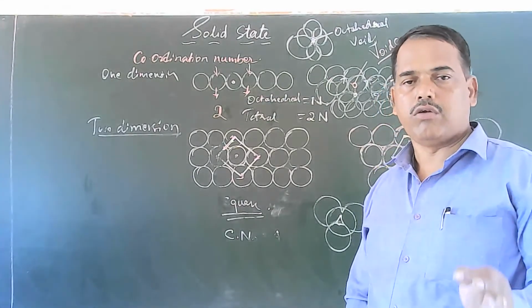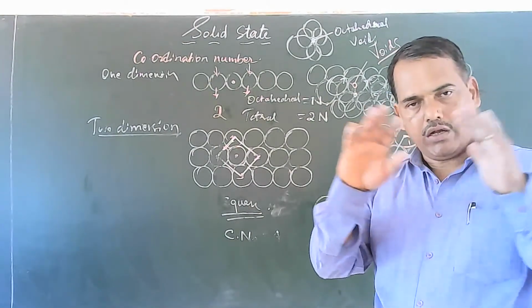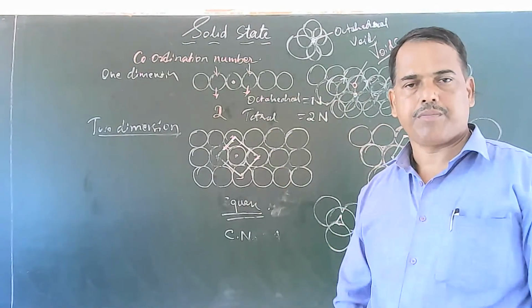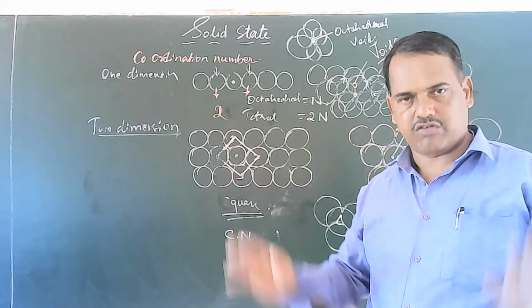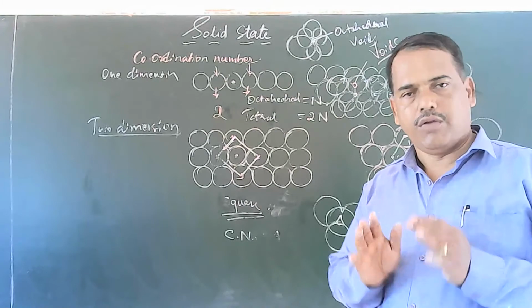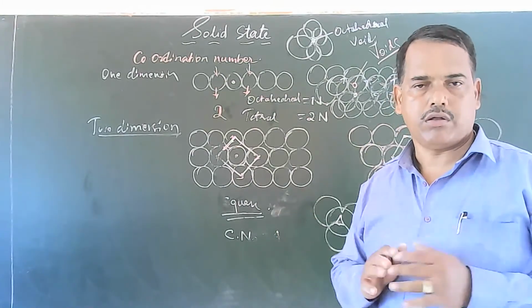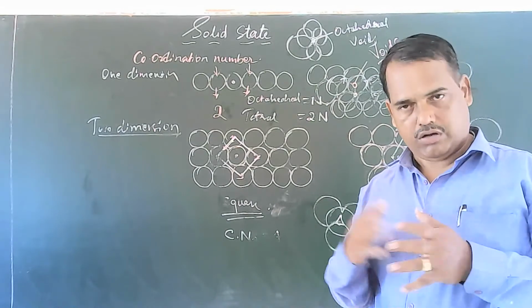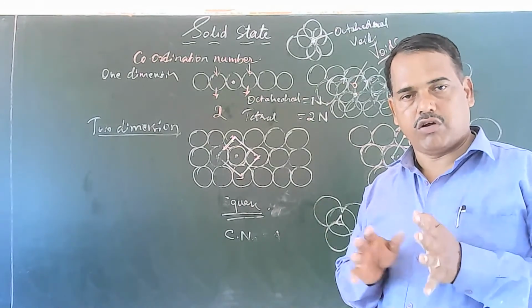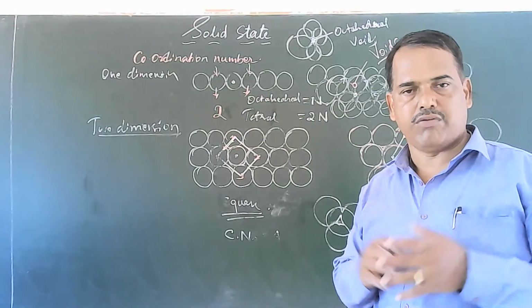Repeatedly, I have told you, you can easily understand. In the entire solid state topic, this concept, if you understand it by the diagram, then only you can remember. All the students, our experience is, are telling that the arrangement, the packing, is difficult.